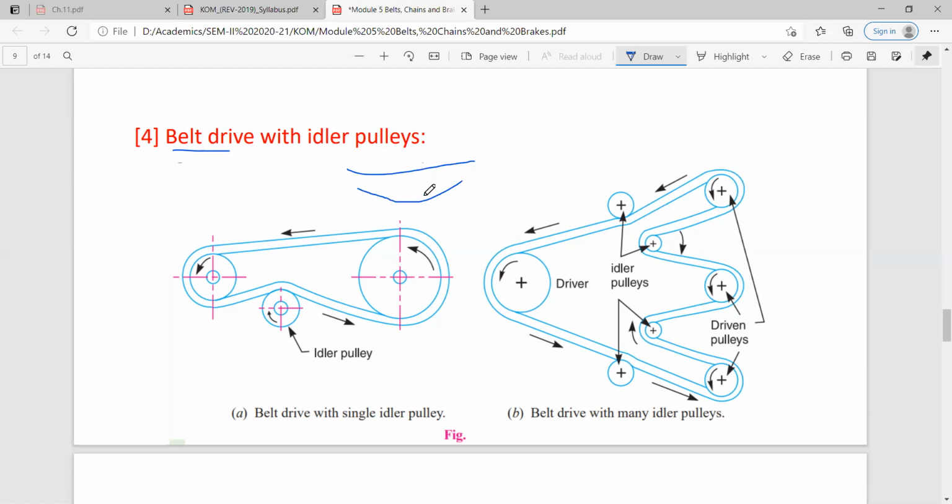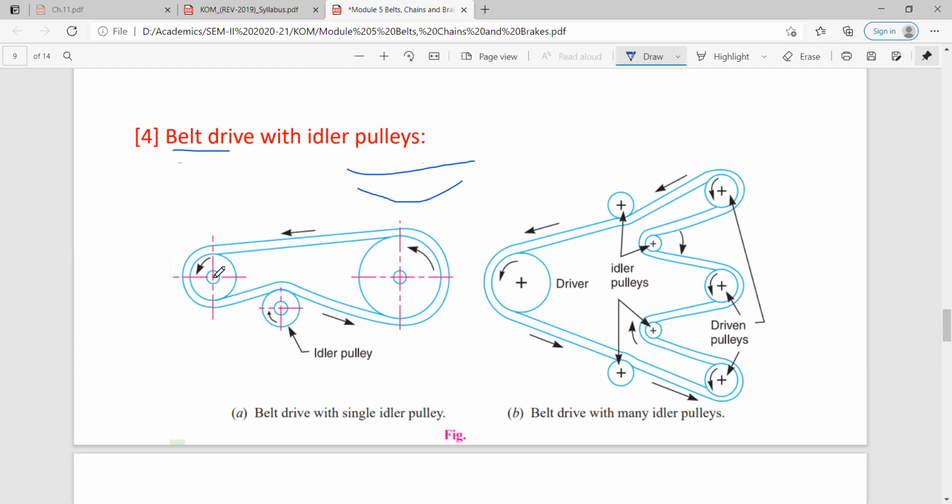So in order to control the force between pulley and belt, this idler pulley can be used. You can adjust the distance of it. Suppose you find that again the belt has loosened, then you have to shift this pulley somewhere upward.